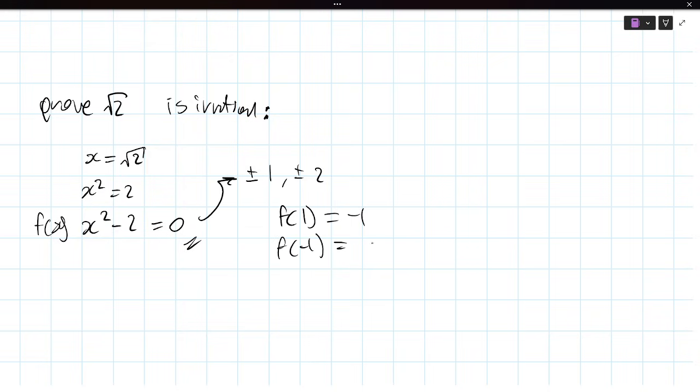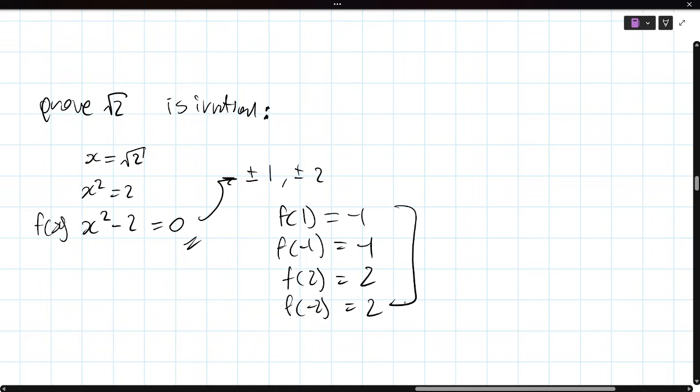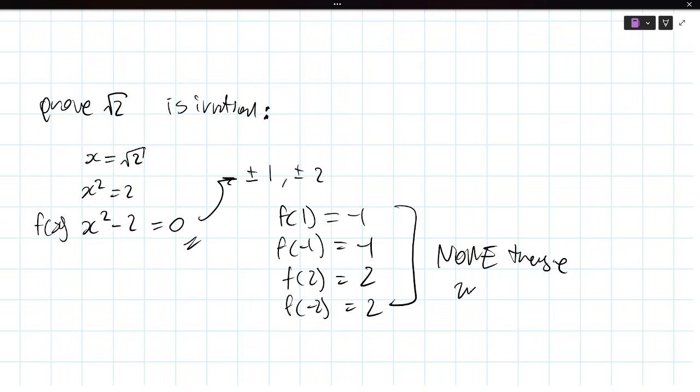F of minus 1 is also not equal to 0. F of 2 is 2. F of minus 2 is also equal to 2. Therefore, none of these are roots. Hence, we can conclude that root 2 is irrational.